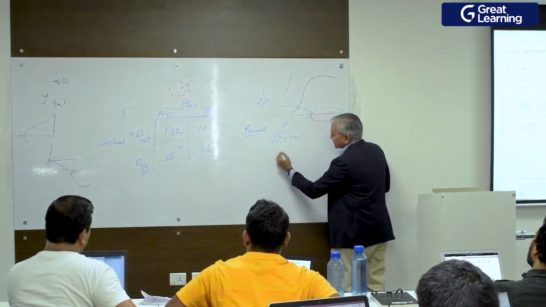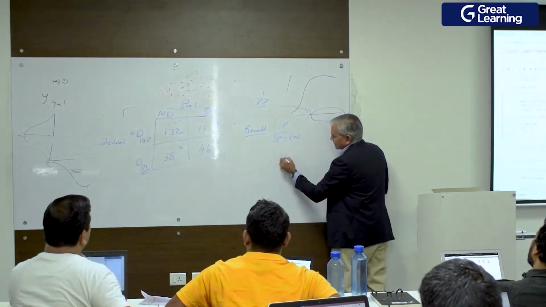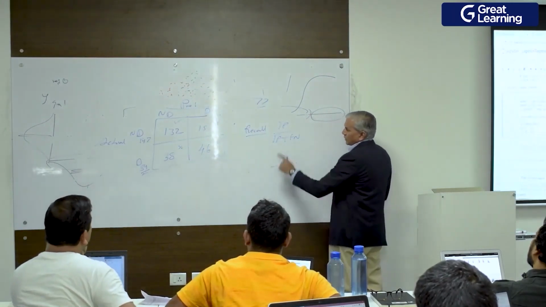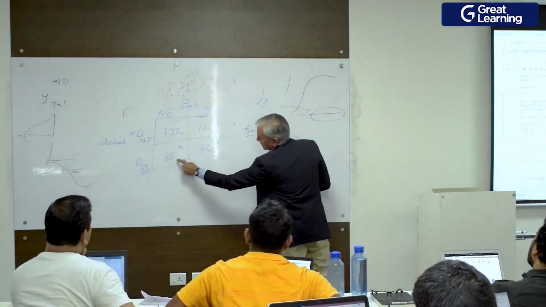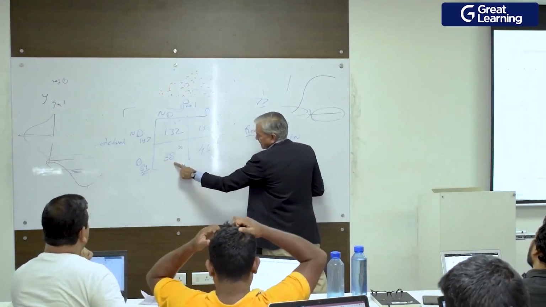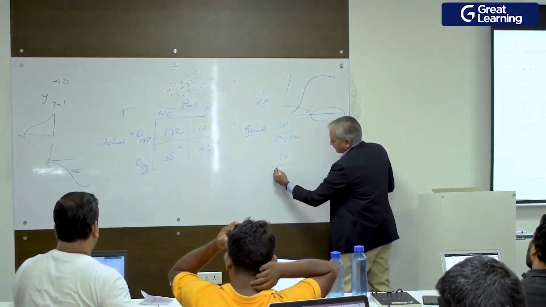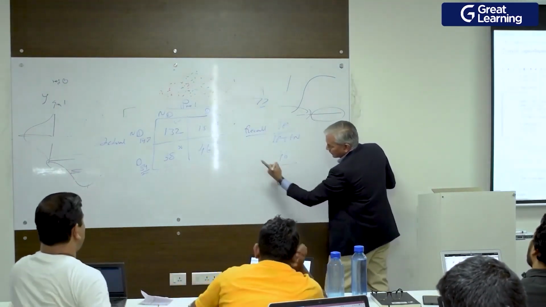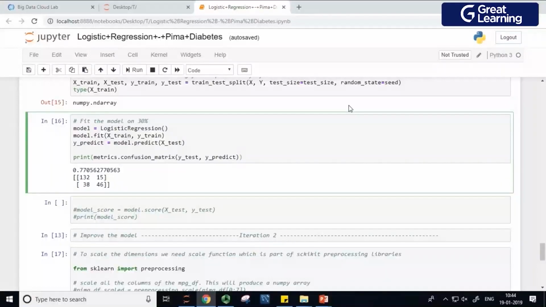So the recall is 46 divided by true positives plus false negatives. For this class, this is false negatives, right? So it is 46 plus 38, back to 84. That comes to around 55%. It's coming to 55, 54%, right?